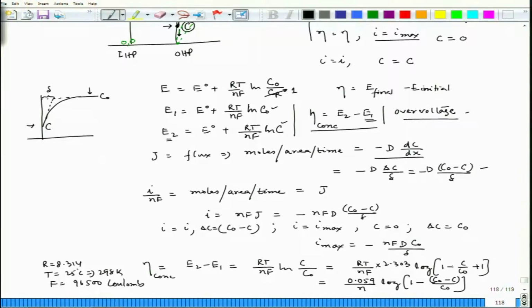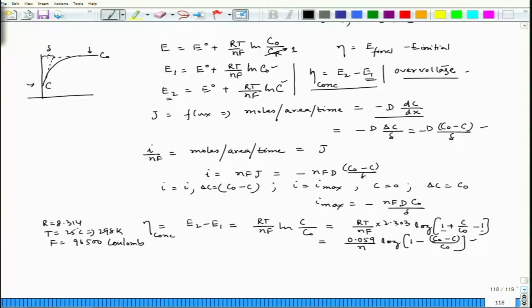Here I have, sorry, this should be minus, I have just made some modification here. Here I am just adding 1 and then also subtracting 1 from that. So, that is what I am getting, this equation, and then this I can write as eta equals 0.059 by n log 1 minus, I will put this expression.